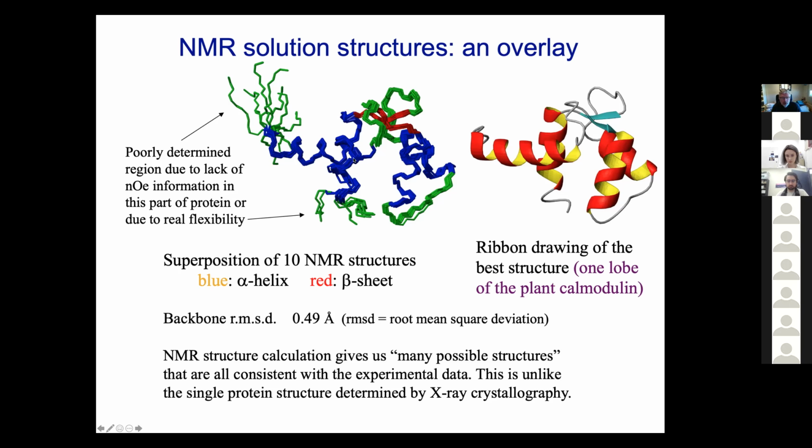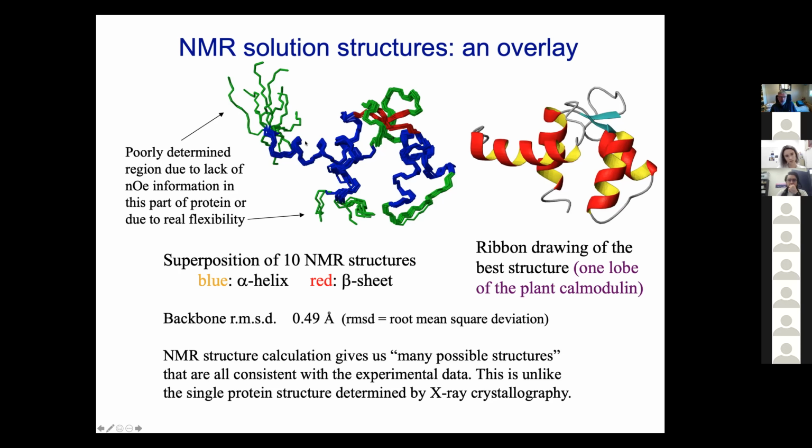And you see the typical helix-loop-helix structure and helix-loop-helix structure. And this, of course, is the linker between the one group of EF hands and the other, one EF hand and the other EF hand in this domain.